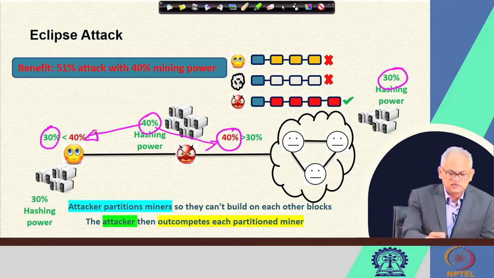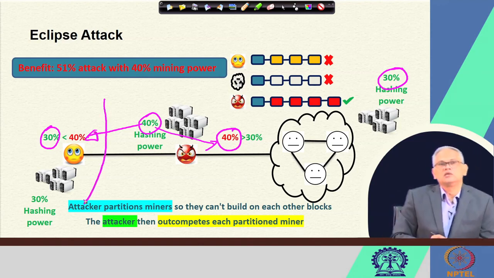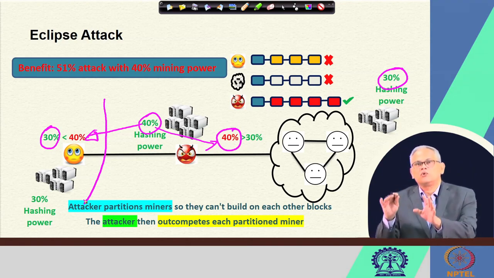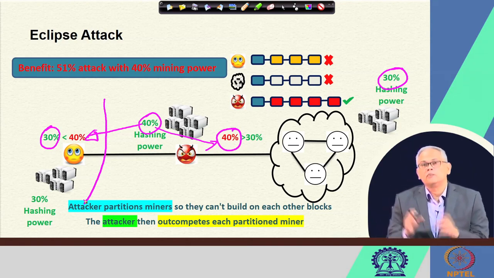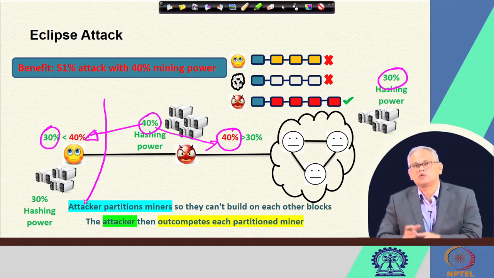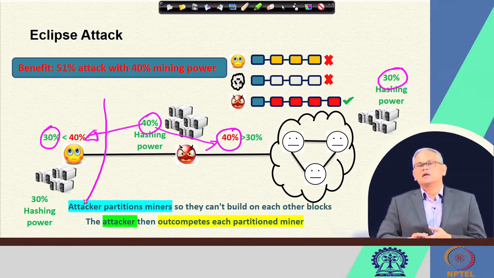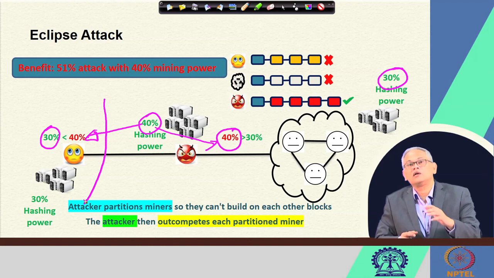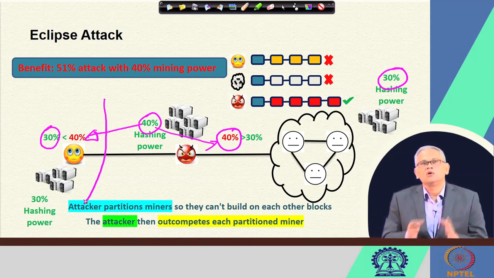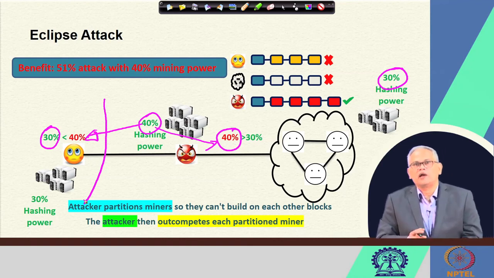But by successfully separating out this victim node, it is now head to head between the attacker's 40% hashing power and the rest of the network's 30%. So, basically the attacker can now control what it otherwise would have required 51% of computing power to control. The attacker is partitioning the miners so that they can't build on each other's blocks.